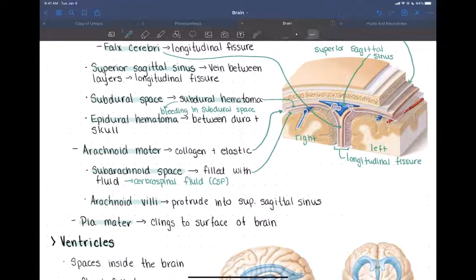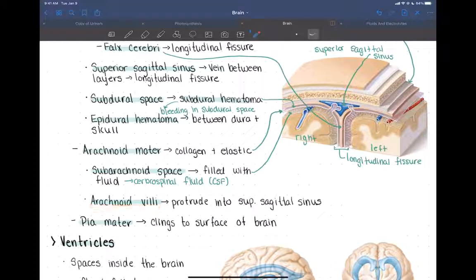So in this space, we have CSF flowing around, moving around. And then we also have, with the arachnoid mater, these protrusions of that arachnoid mater into that superior sagittal sinus. These are called arachnoid villi.